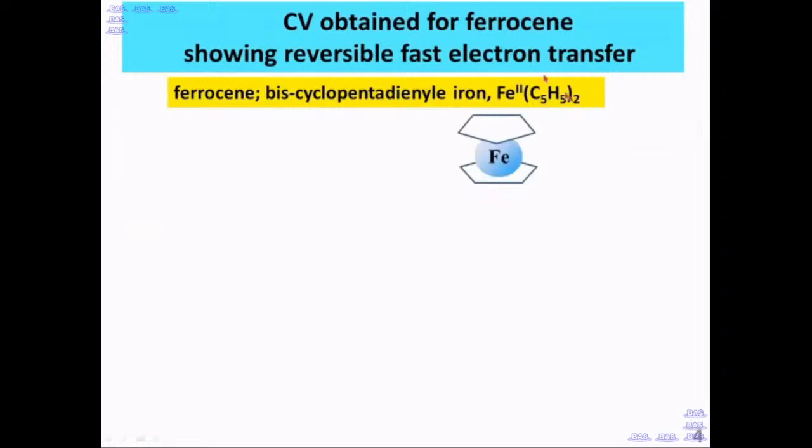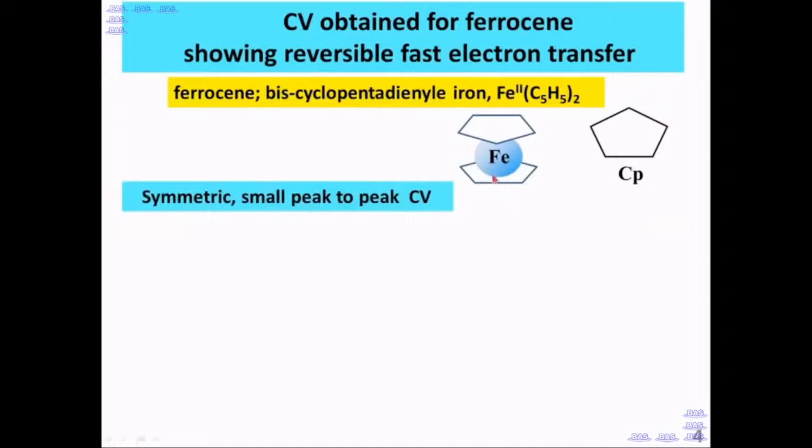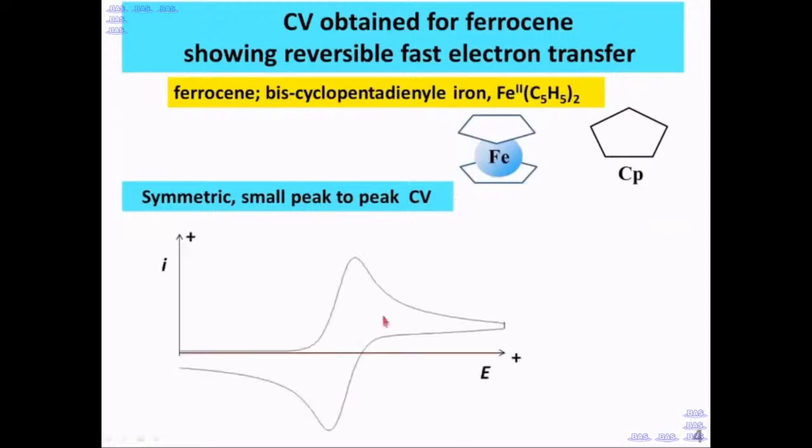In this schematic, divalent iron is sandwiched by cyclopentadienyl rings. This cyclopentadienyl is a 5-carbon ring, and hydrogen is bonded, 5 hydrogens. This molecule, ferrocene, is symmetric, and a small peak-to-peak CV is obtained by this molecule, like this.